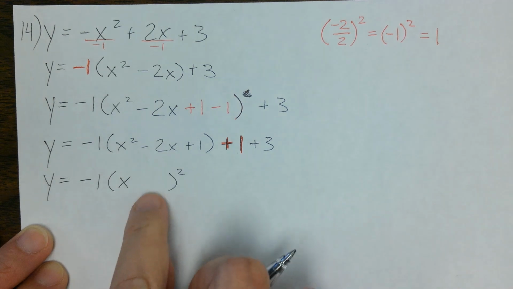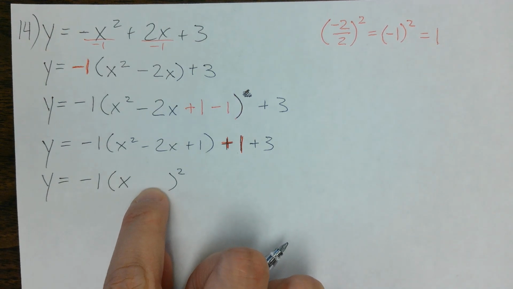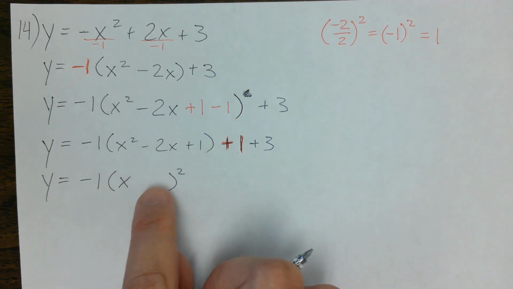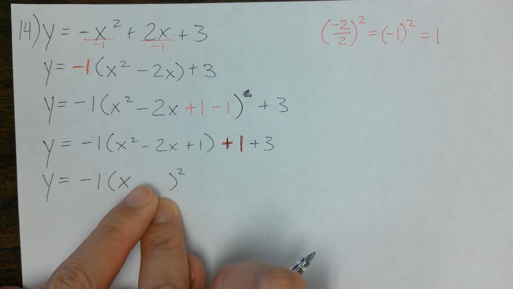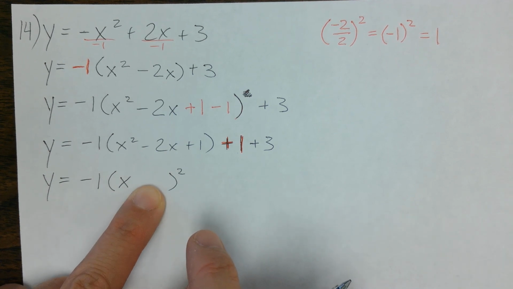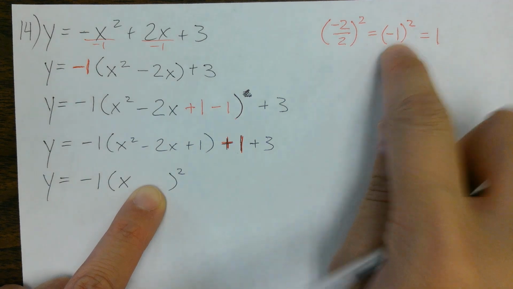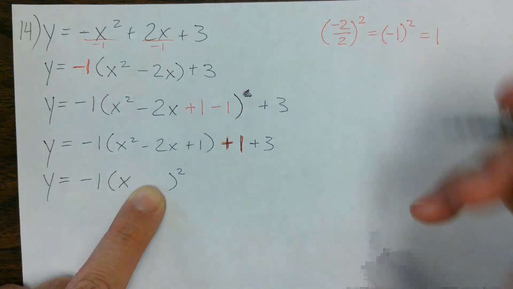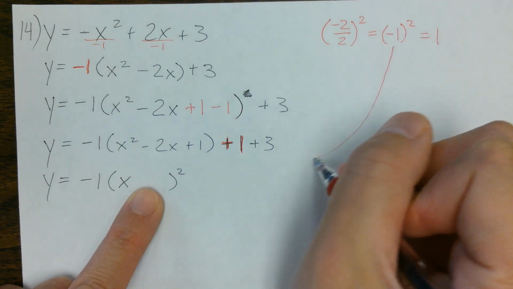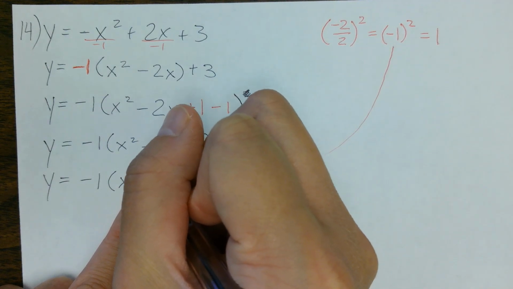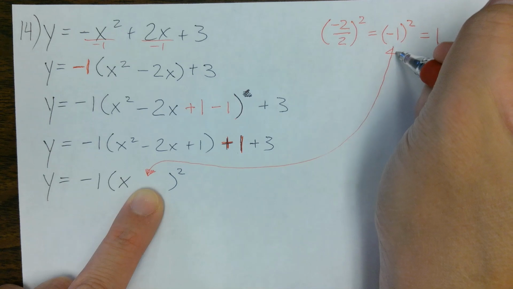Perfect square. So it's x plus something or x minus something. What is this number? Sorry? Not just 1. -1. This right here. That's why I wrote this on the side. That number goes right here.